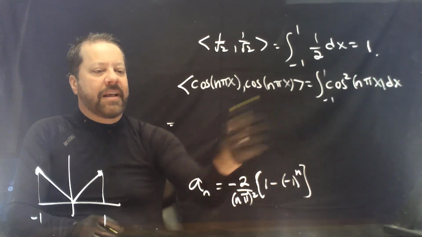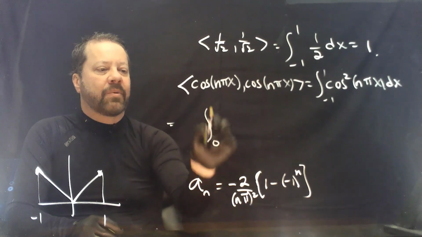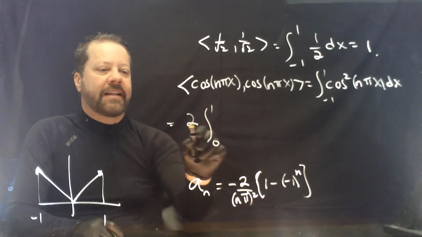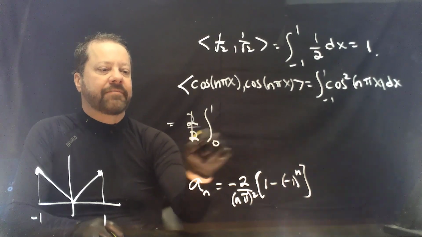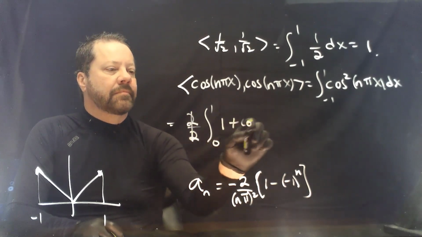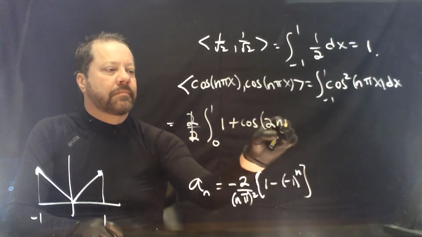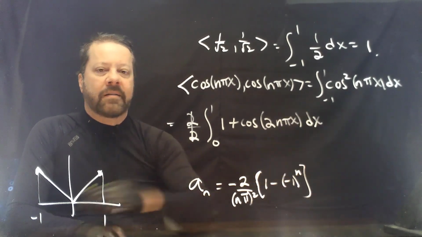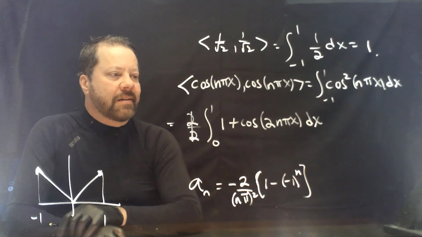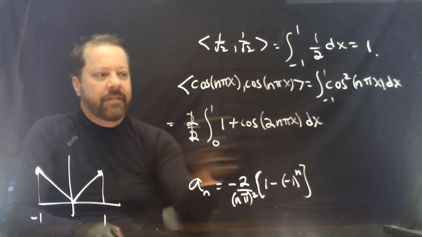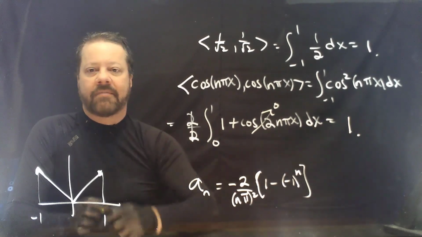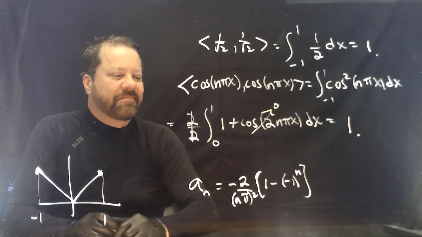We can double the integral from 0 to 1, but we still need to use the half-angle identity, which has a factor of 1/2. We'll be integrating across an entire period for the cosine, which gives us nothing. And so, again, we get 1.